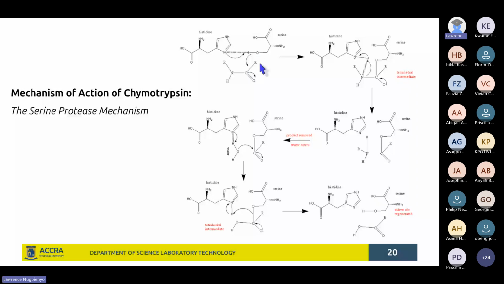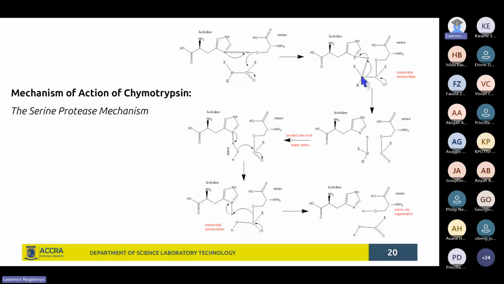Now, in the next step, the hydrogen from the serine hydroxyl group has been transferred onto that nitrogen of the imidazole ring. And that hydrogen begins to have an intermolecular interaction with the nitrogen, the N terminus of one of the amino acids.